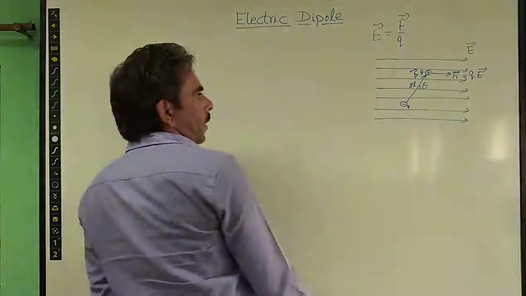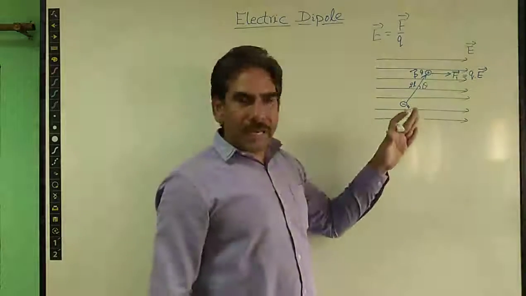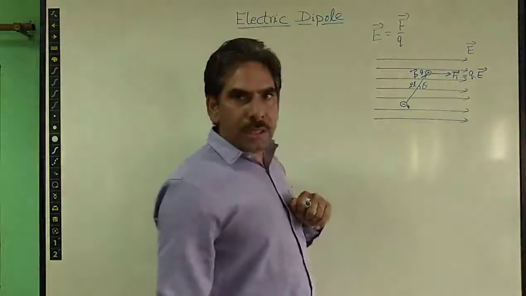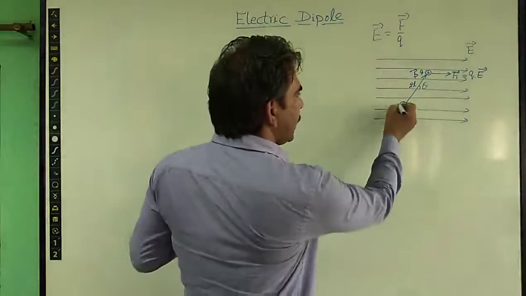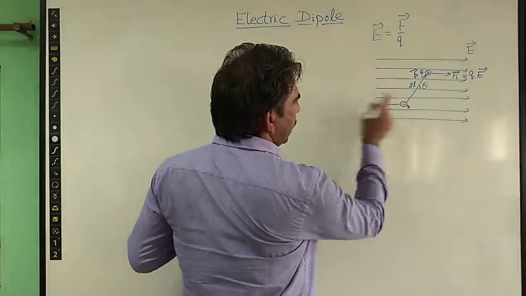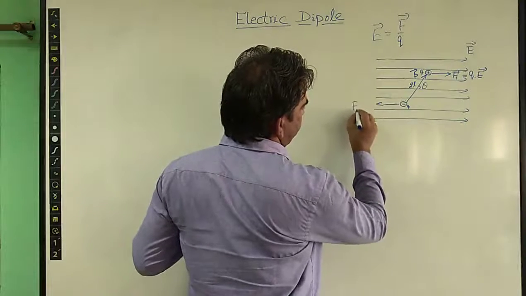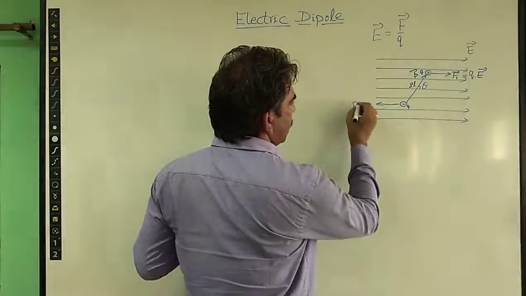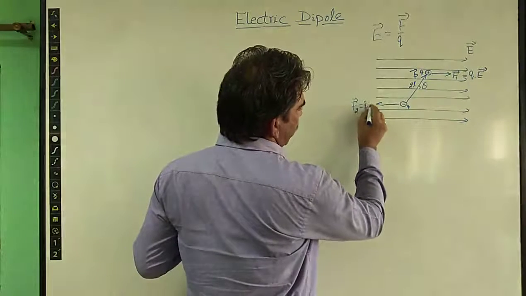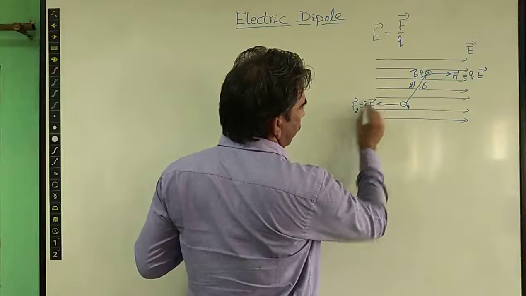Also, this electric field exerts a force on the negative charge, but the force on the negative charge will be directed opposite to the electric field itself. This is the force F2 on the negative charge.